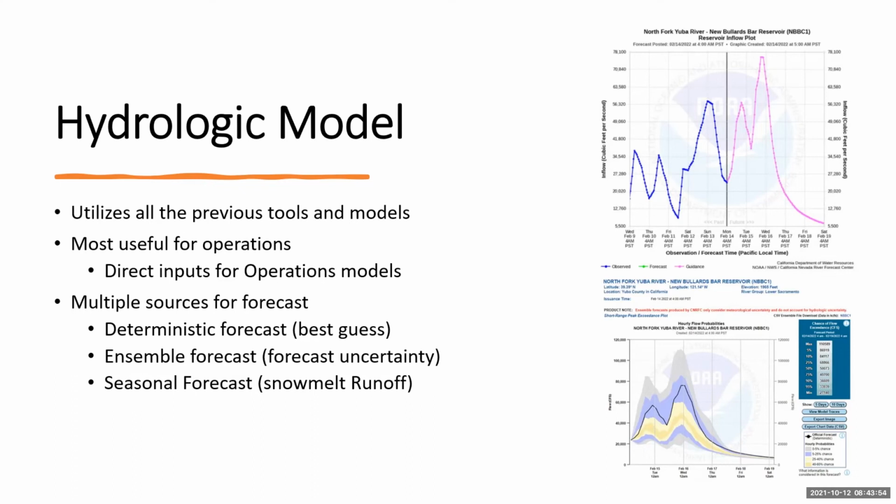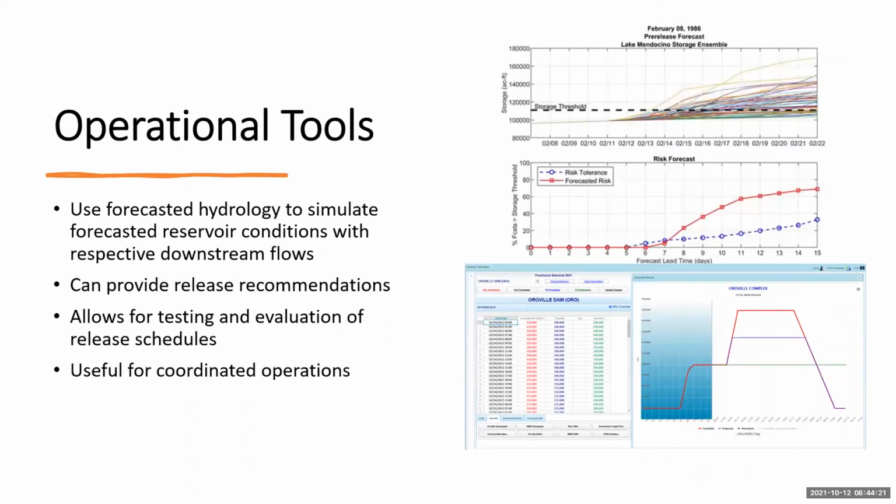We have ensemble forecasts for assessing the uncertainty around that deterministic forecast. And then we also have seasonal forecasts, so the snowmelt runoff forecast for the springtime event, the April-July snowmelt runoff. And that's for seasonal storage management for the reservoirs.